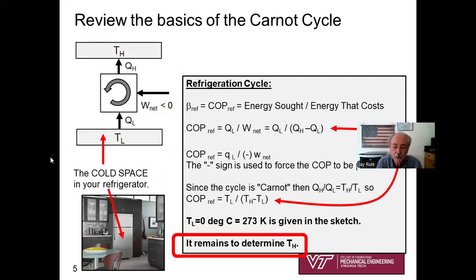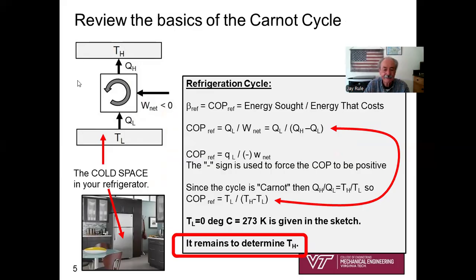The best thing to do to refresh our memories of what we know about a Carnot cycle is to draw the basic schematic diagram of any system operating in a cycle. Here's our black box. Here is our block arrow going in a counterclockwise direction to show that it's a refrigeration cycle. That's given in the problem.